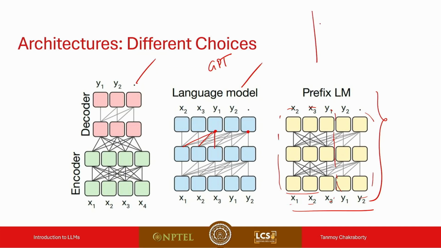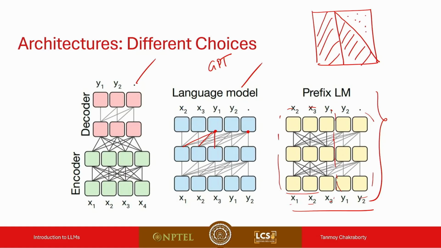Your attention matrix may look like this. Now this is unmasked and this is masked. So this part will act as BERT and this part will act as GPT.